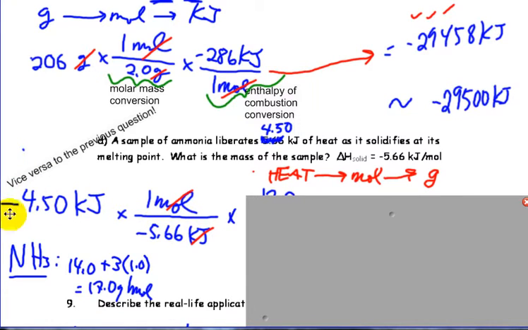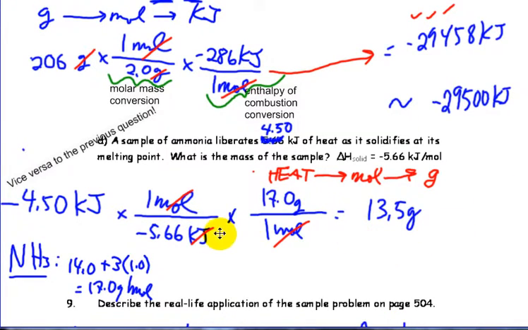And notice here that the negatives will cancel. Makes sense because we can't have negative grams in the long run. And then lastly, going from moles to grams, the molar mass of ammonia, nitrogen, 3 hydrogens, 17.0 grams per mole. So that works out to be 13.5 grams. Negatives cancel. Everything cancels out perfectly here.